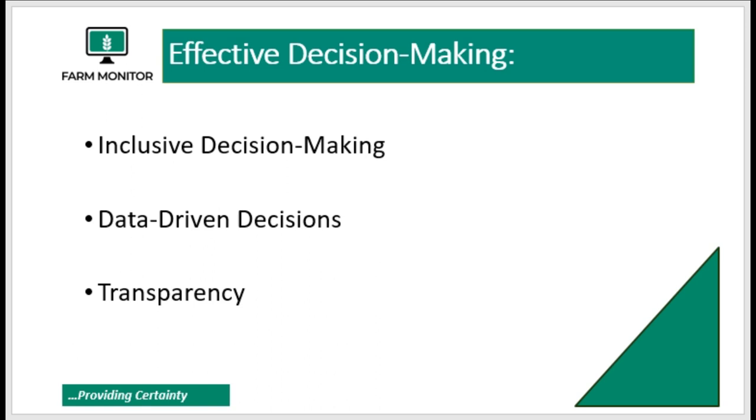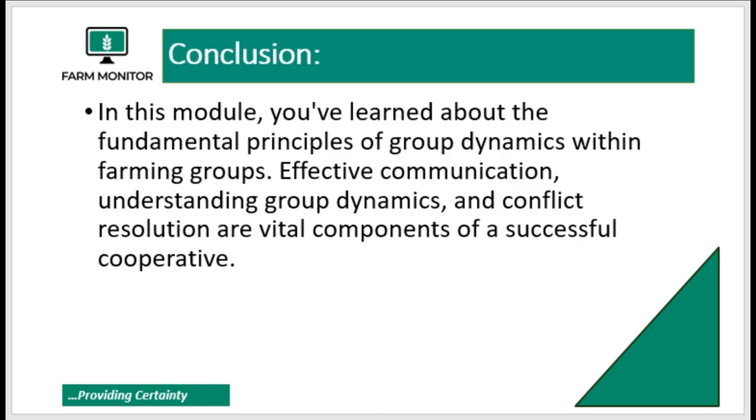Very, very important. So in conclusion for this module, you've learned about the fundamental principles of group dynamics within farming groups. We have learned about effective communication. We've tried to understand group dynamics. We've suggested ways in which conflict can be resolved.